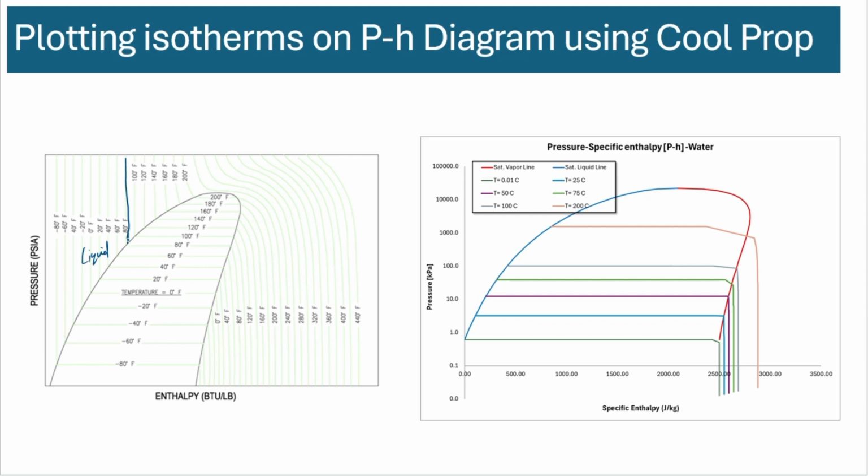The pressure increases tremendously with enthalpy for the same temperature in the liquid region, and then it remains constant in the two-phase region or the mixture region, and then it drops quickly. So this is how an isothermal line will be in a pH diagram.